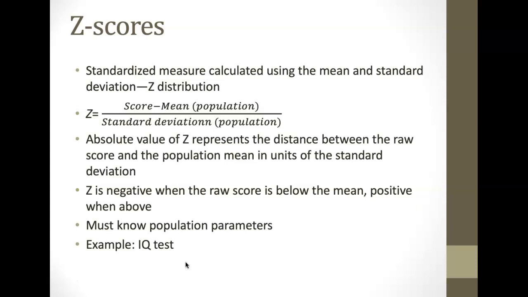Your Z-score was 1, or 1 standard deviation above the mean. So these Z-scores allow you to take a value and compare it to the normal distribution, and come up with a Z value. Okay.